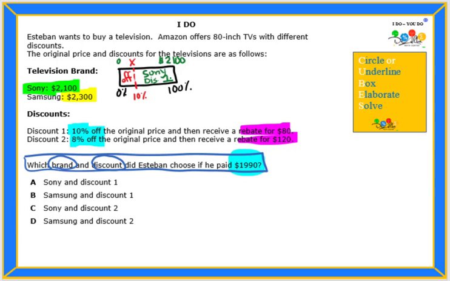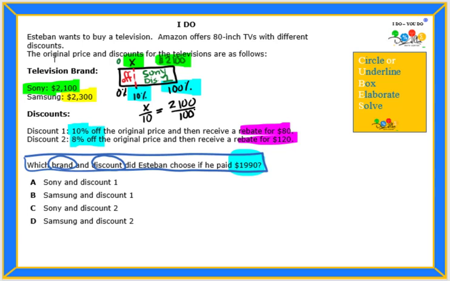Okay, so I am going to set up my proportion, and I have the price $2,100 for 100%. So how much would it be for 10%? So that's X over 10 equals 2,100 over 100. There are a couple of relationships that we can easily see here.